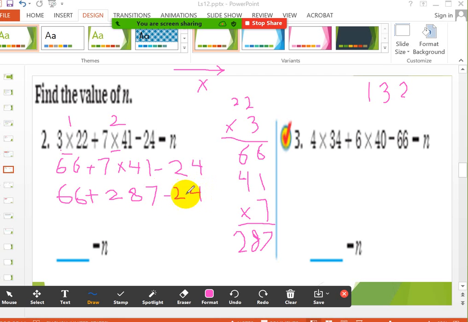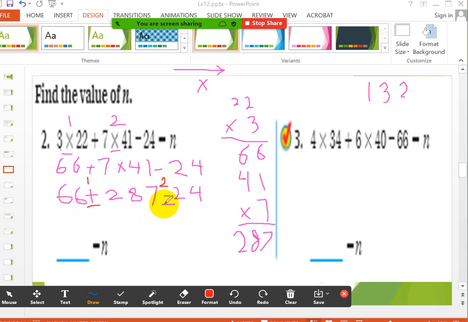So I did my first step, which is here multiplication, from the left to the right. After that, what do I have to do? I have to do addition and subtraction from the left to the right. So from the left, I have first addition. After that, I have subtraction. So I have to do the addition first. This is the first operation. And then I will do the subtraction. This is the second operation.